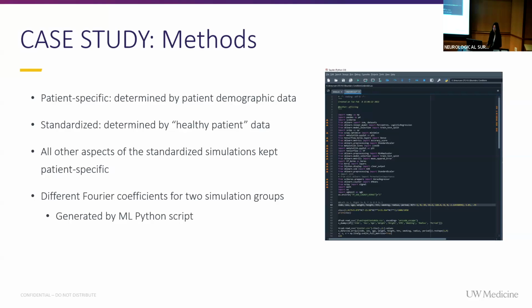All other aspects of the standardized simulations were kept patient-specific, and the Fourier coefficients that I used to define the velocity profiles I just mentioned were generated using a machine learning Python script. That script was trained on directly measured patient data and used the demographic data or standardized healthy patient data to output those coefficients for us to use in the simulation.